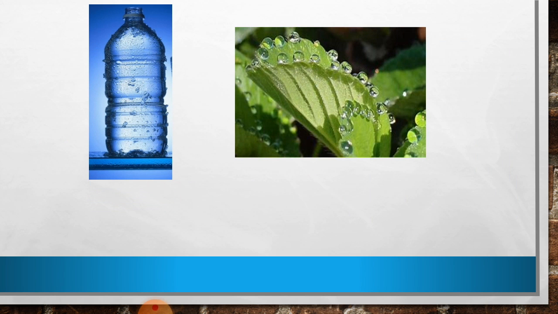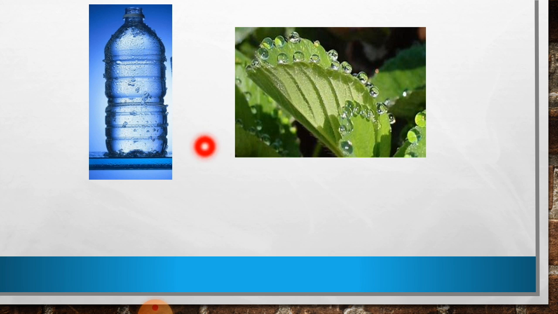Now students, there is one activity which is given in your page number 67 textbook. It is like try this. Take a bottle of cold water out of a refrigerator and keep it outside for a while and observe the outer surface of the bottle. Water droplets get formed at the outer surface of this bottle.